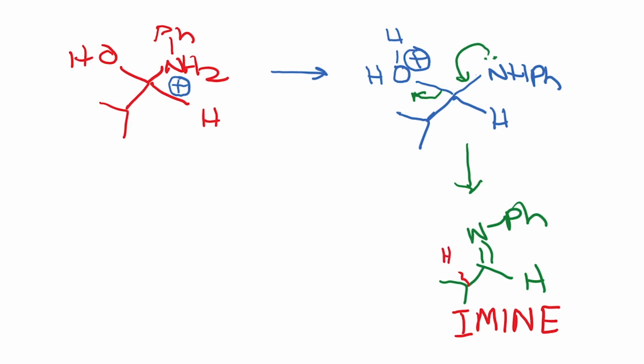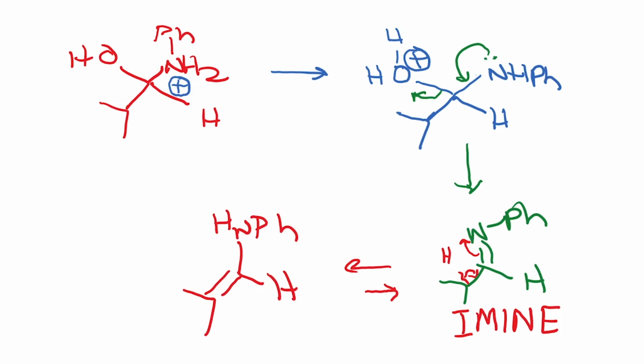We have been discussing how enolization etc. can happen. So it is entirely possible that this undergoes some sort of tautomerism, and it can produce NHPh, and it can produce this kind of an intermediate.